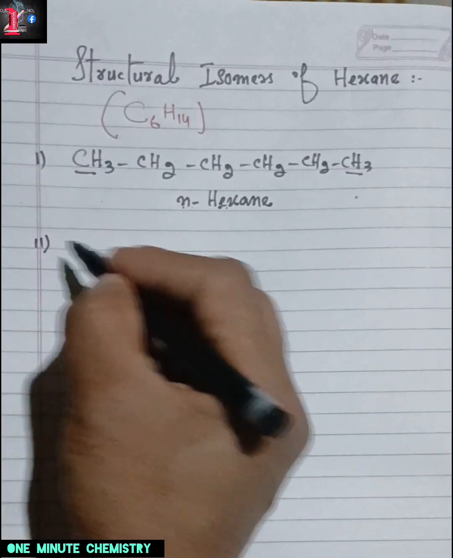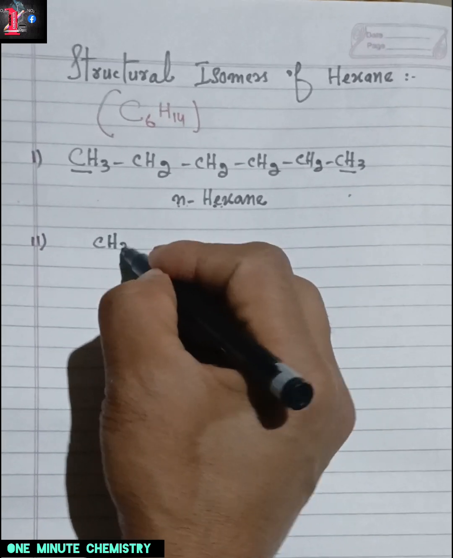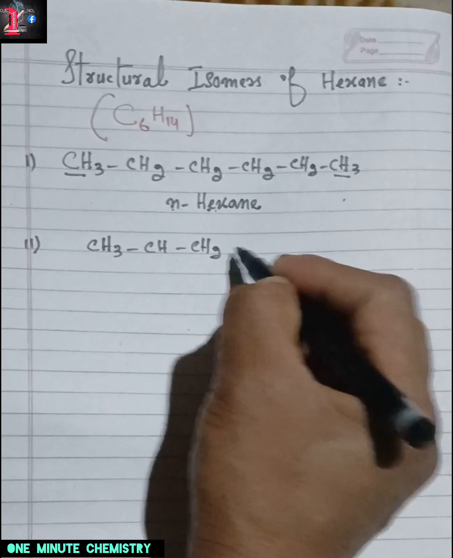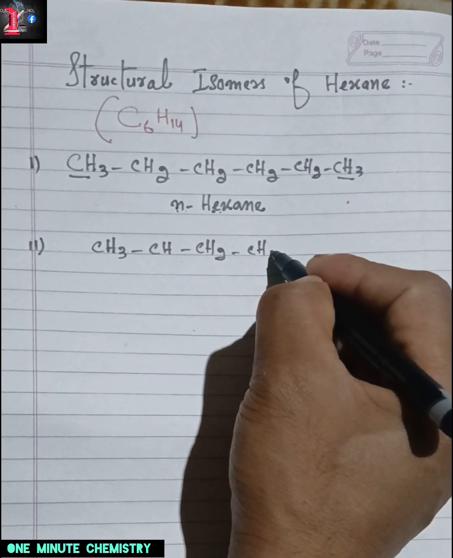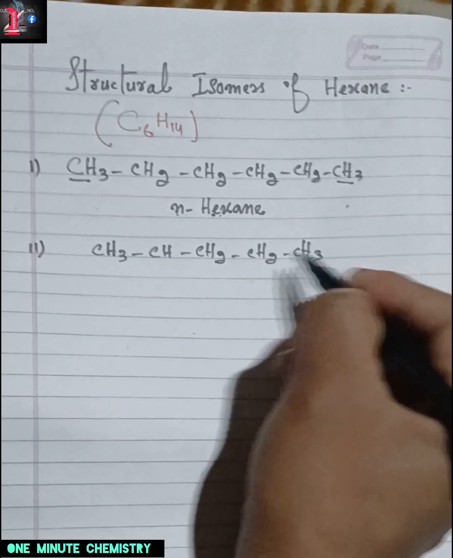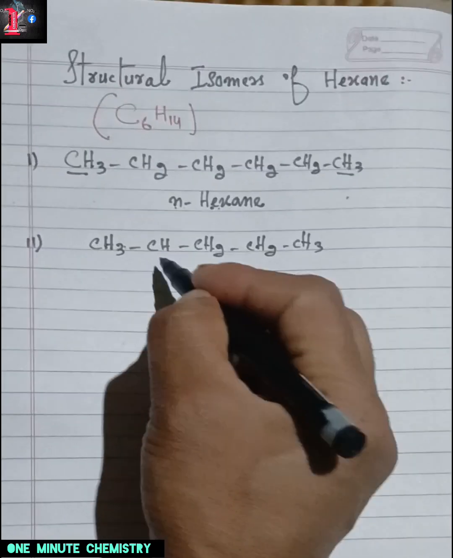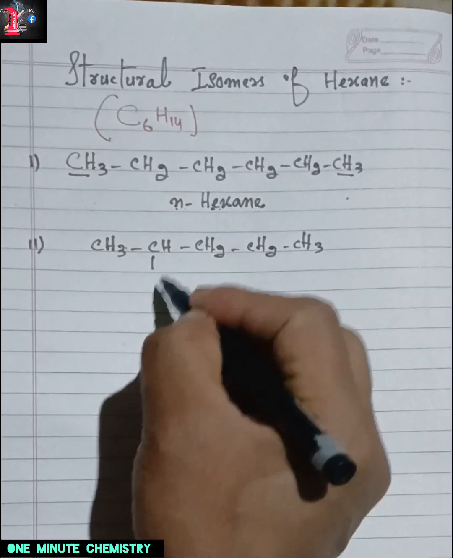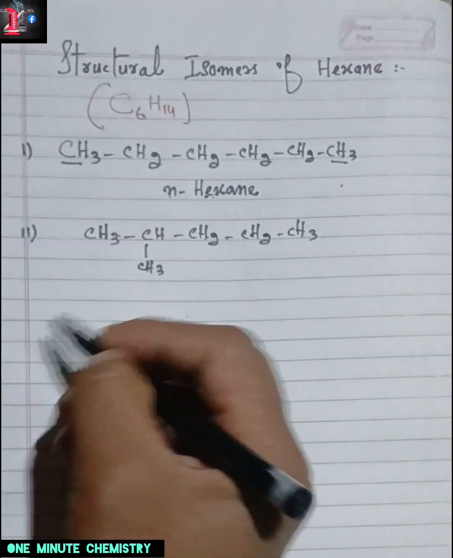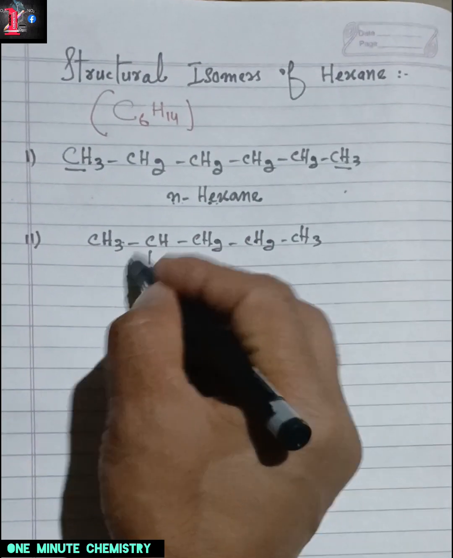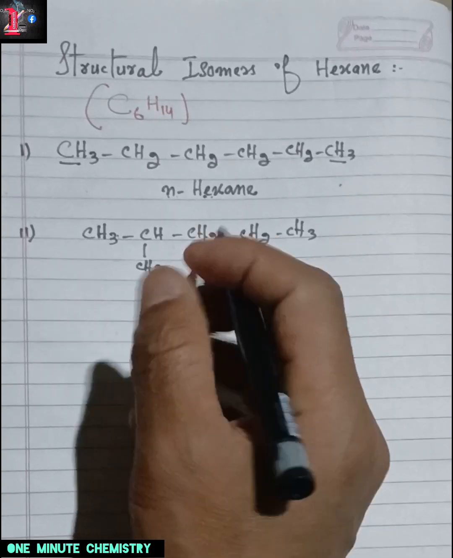Second one, we will draw 5 carbon atoms in the main chain, CH3 CH, CH2, CH2 CH3, 1 2 3 4 5. So there are 5 carbon atoms in the straight chain, and at carbon number 2 we will add one substituent, that is CH3. The numbering starts from the end where the substituent gets the lowest possible number.